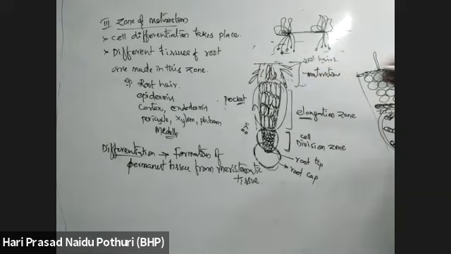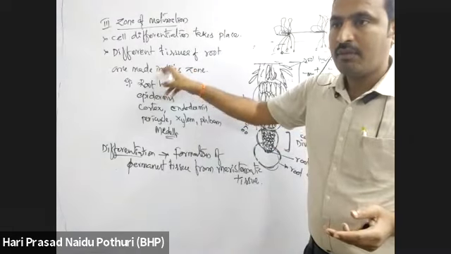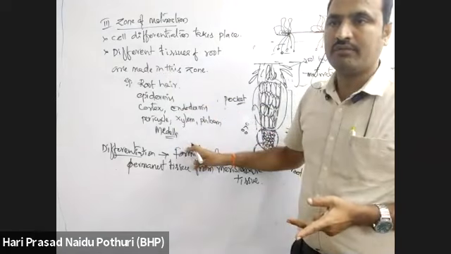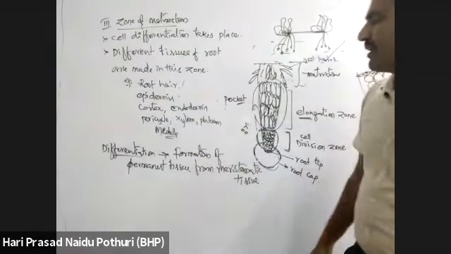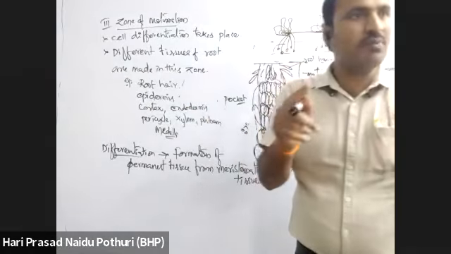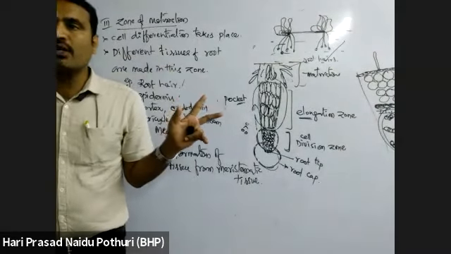When a cell becomes a root hair, its size may increase, but the root hair will not form more cells. So all these are parts of the maturation zone. Different parts of the root are developing here. Once the root hair, epidermis, cortex, endodermis, pericycle, xylem, phloem, and medulla are made, the cells of these do not undergo division further.